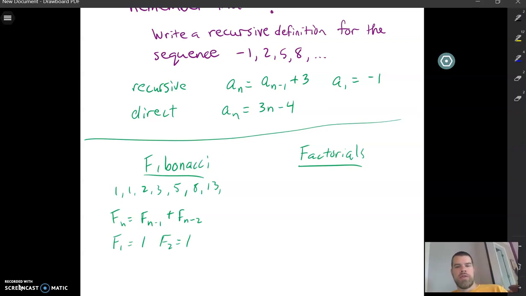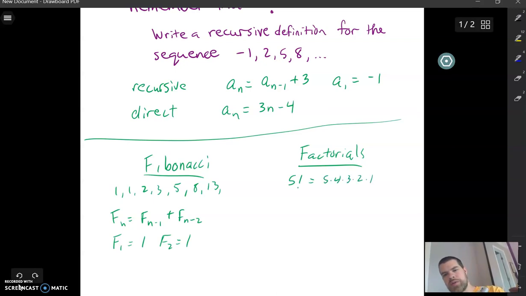With factorials, 5 factorial is 5 times 4 times 3 times 2 times 1, and so on. If I'm trying to get n factorial, you multiply n times n minus 1 factorial.